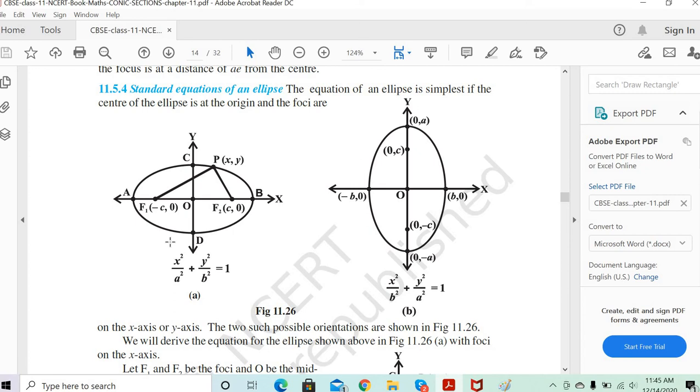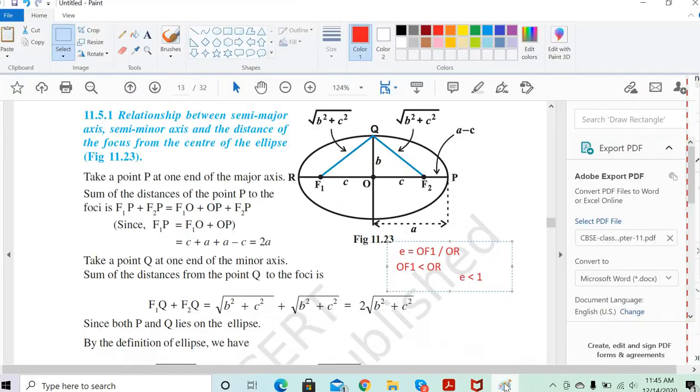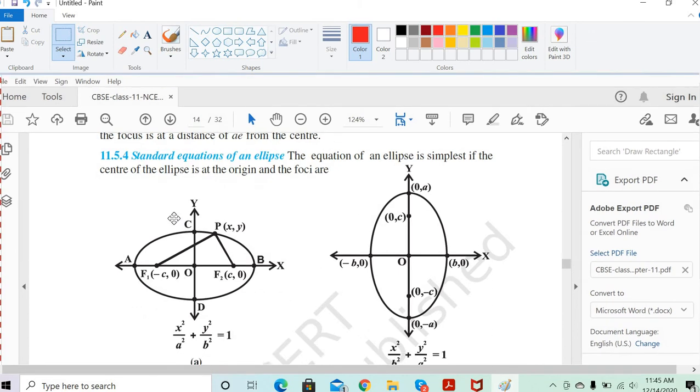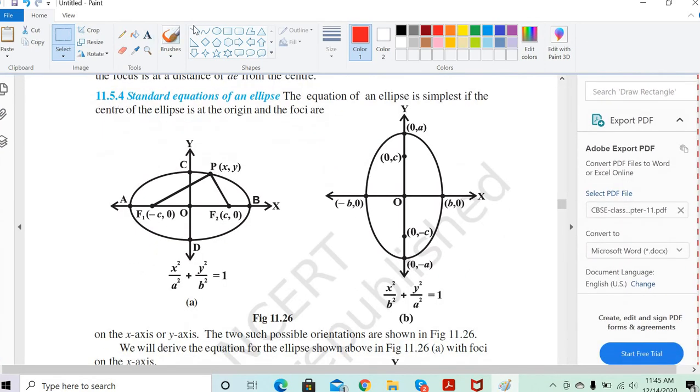Okay, let's understand this part now. You've drawn the figure 11.26a part, right? Good.